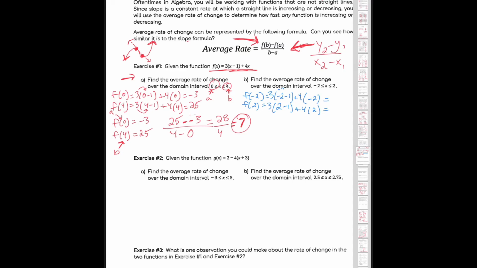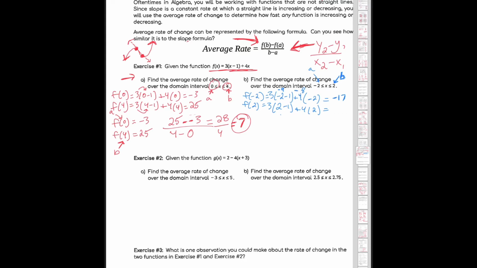That gives us negative 9, plus 4 times negative 2, which is negative 8. So when we do that, we get negative 17 as our value for f of a. And again, negative 2 is our a value. Positive 2 is our b value, okay? So we're finding it between the two endpoints of this domain.